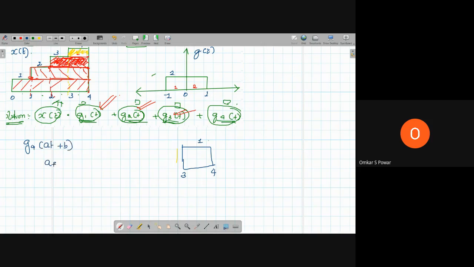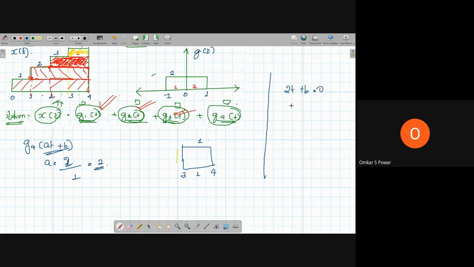What is the value of A? Number of units in G of T, which is 2, divided by number of units here, 1. So A is equal to 2. Now, in order to get the value of B, again the same old process. 2T plus B is equal to 0, because AT plus B must be equal to 0.